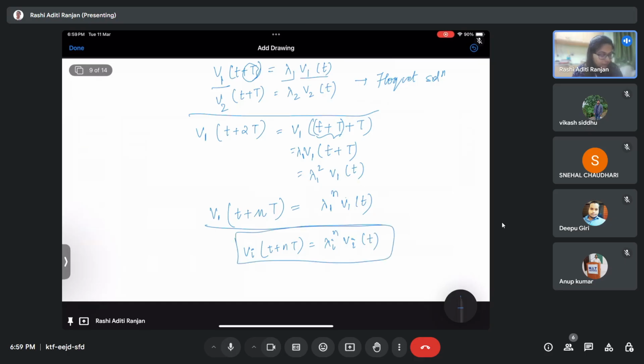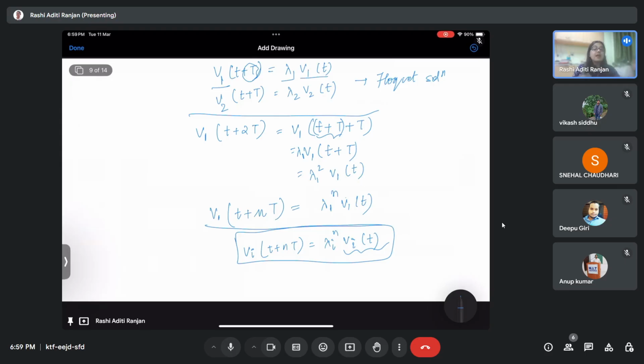So you see, the response after n time periods is nothing but the nth power of lambda i times vi at t, whatever the response was at small t. So whether the system is going to converge or diverge will depend on the value of lambda i, right?